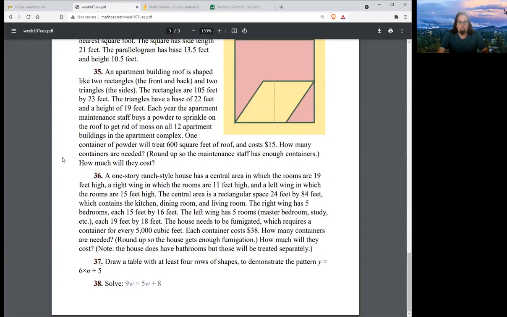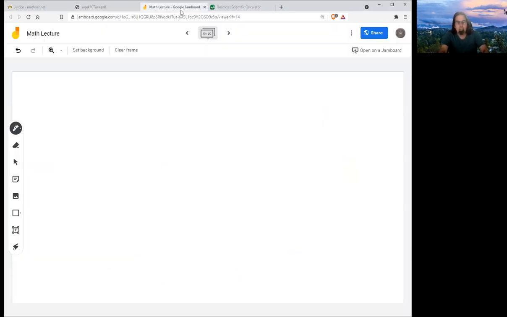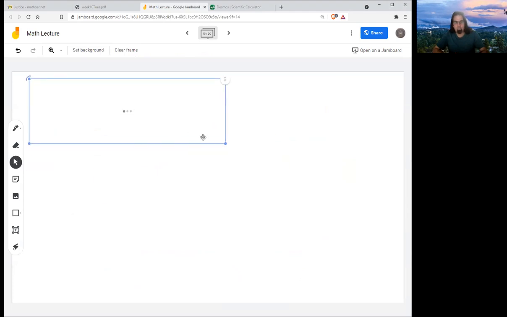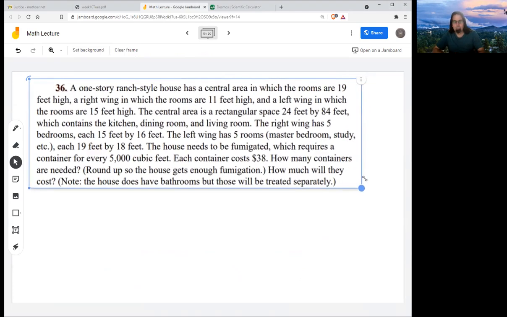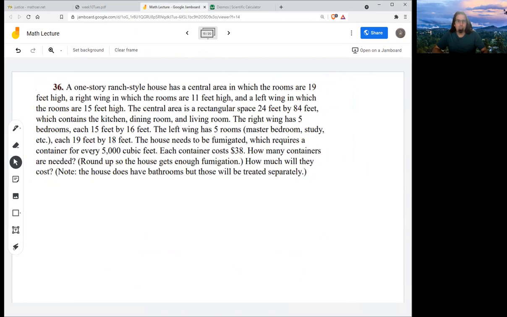And a similar annoyance. Another GED-like problem with lots of steps. So let's draw the picture for this. A one-story ranch-style house has a central area, where the rooms are 19 feet high. We have a right and left. Let's put this below.